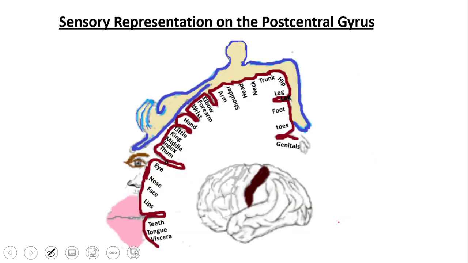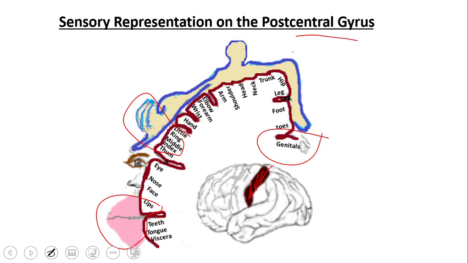If you look at the sensory representation on the post-central gyrus, also the body is represented upside down here in the post-central gyrus, and the representation is larger for the lips, for the fingers, and for the genitals.